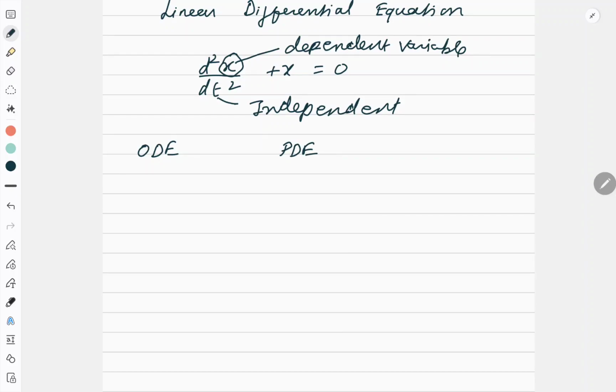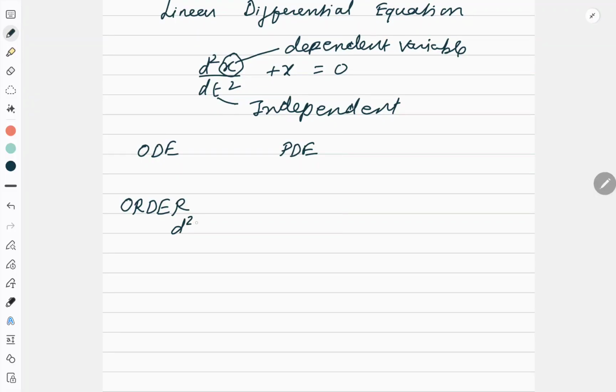Now the very important concept is the order of a differential equation. What exactly is the order? The order of a differential equation is the order of the highest derivative in the equation. We will find out which is the highest derivative, and its order is called the order of the whole differential equation.